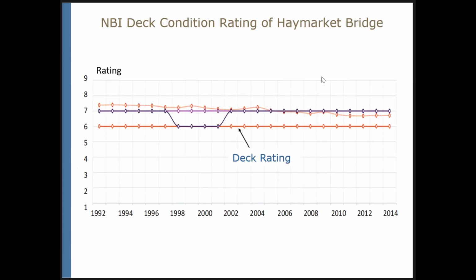So for the same bridge, when we pulled the condition rating from the National Bridge Inventory, it showed that this bridge deck did not change condition rating 6, not just between 2009 and 15, but since 1992. For almost 25 years, there was no change in condition. And you can probably ask yourself, it is very challenging to have good management if you have to make some predictions based on such data.